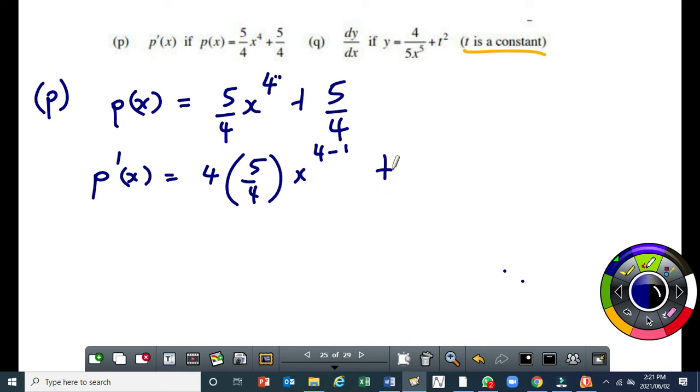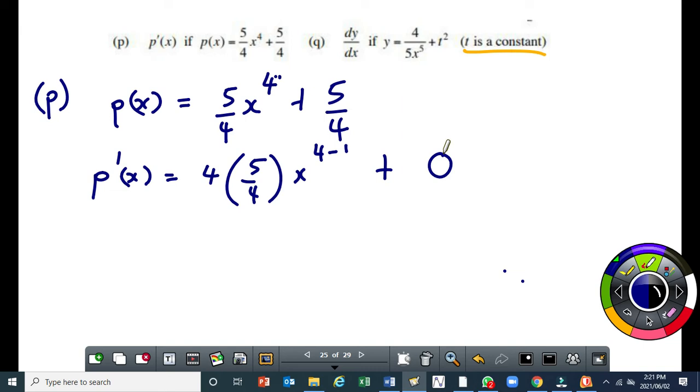Now this 5 over 4, it's a constant because it's not multiplying the variable. Therefore, the derivative of 5 over 4 is a 0. Okay, so I'll put the 0 there. If a number is not multiplying the variable, then we call it a constant. So the derivative of any constant is 0.